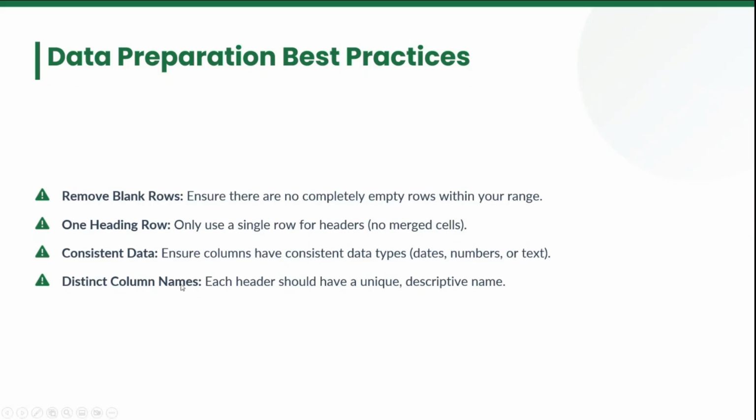Also, distinct column names. Each header should have a unique descriptive name. A column, we call it a column, or you can call it a field. So it's a data field, it's a data column, or it's a data variable.